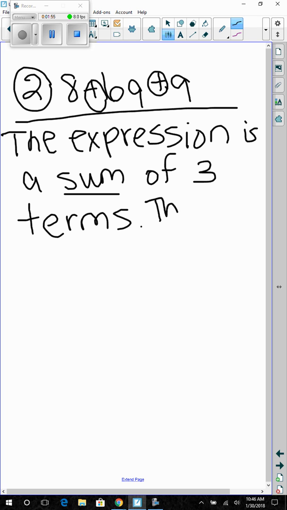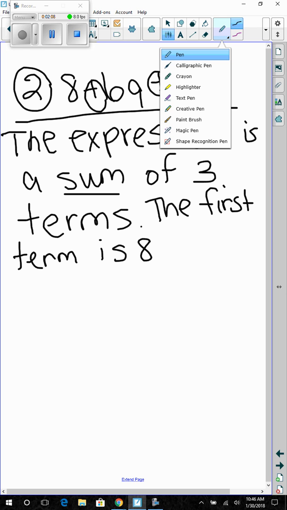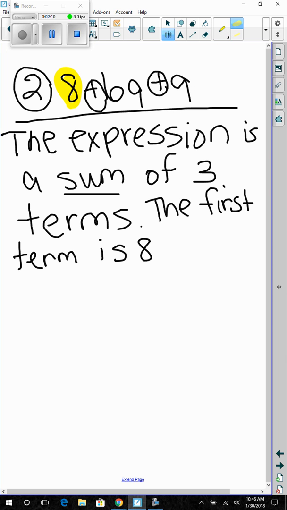The first term is 8. These are the terms. So if we look here, this is the first term, this is the second term, and this is the third term.